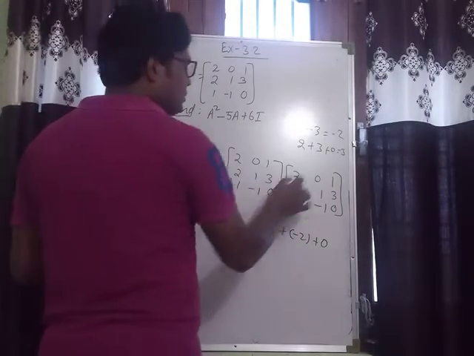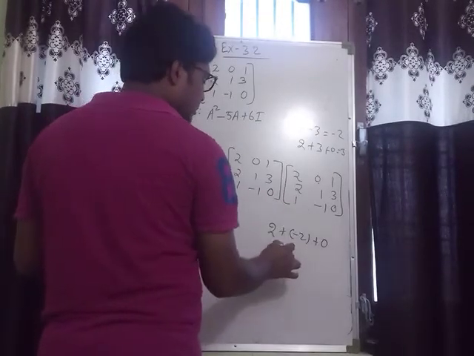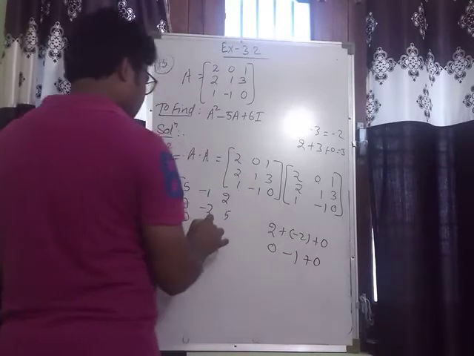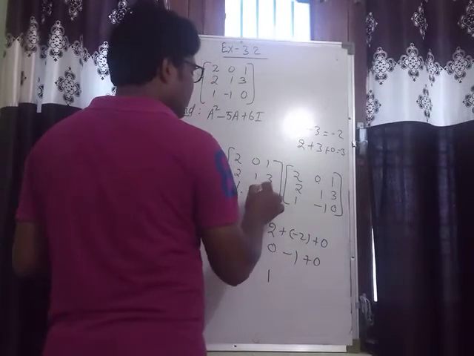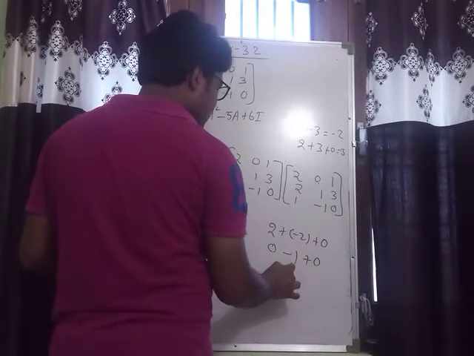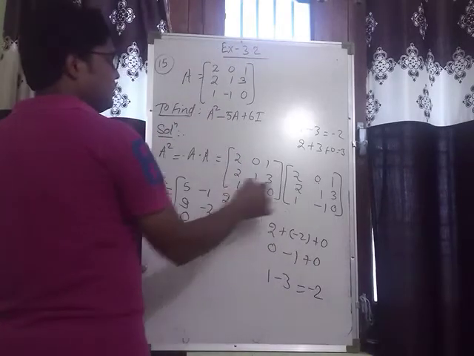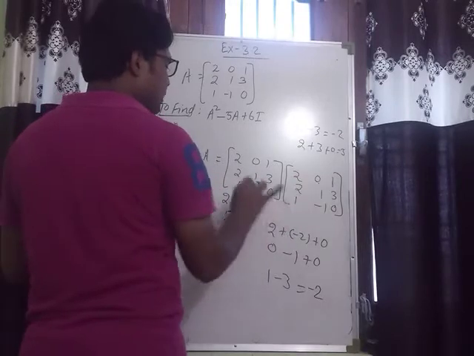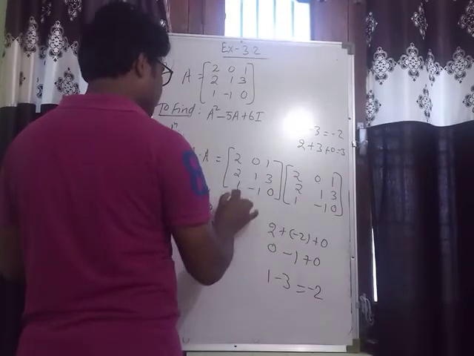Third row, second column: 1 into 0 is 0, minus 1 into 1 is minus 1, 0 into minus 1 is 0. That is minus 1. Third row, third column: 1 into 1 is 1, minus 1 into 3 is minus 3, and 0 into 0 is 0. That one will be minus 2.